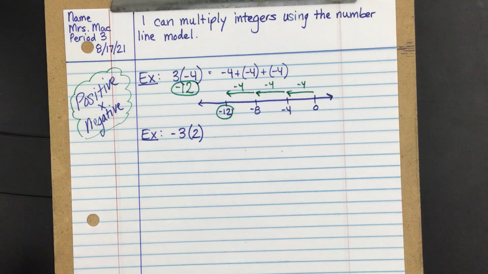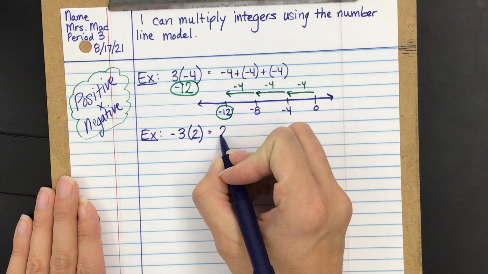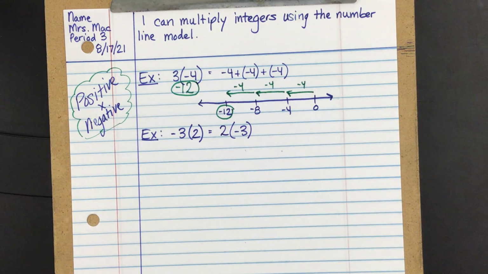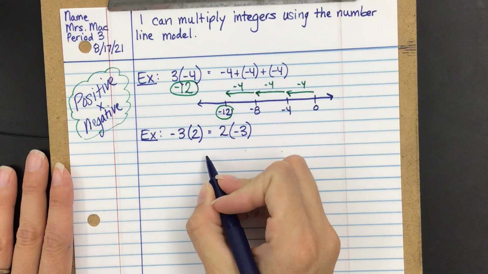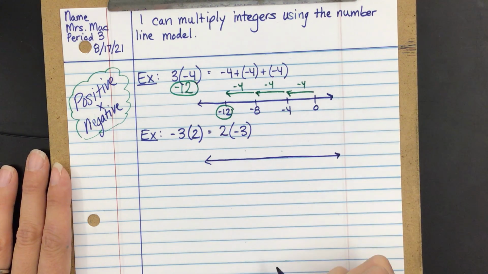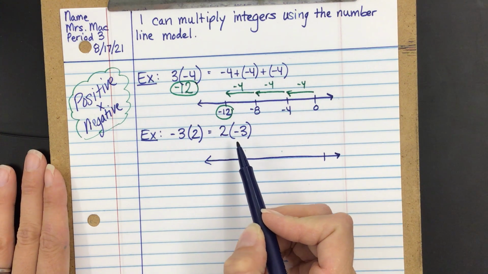So we can actually rewrite this to make it easier on ourselves for the moment as 2 times a -3. Okay? Multiplication, order doesn't matter. So for our purposes at this moment, I'm just going to switch the order so that it's easier to see what's happening on the number line. Okay? And then when we do our number line, we start at 0, and we have 2 groups of -3.